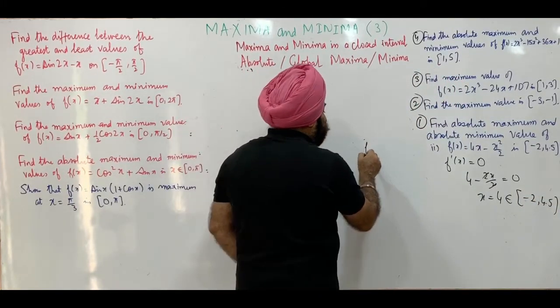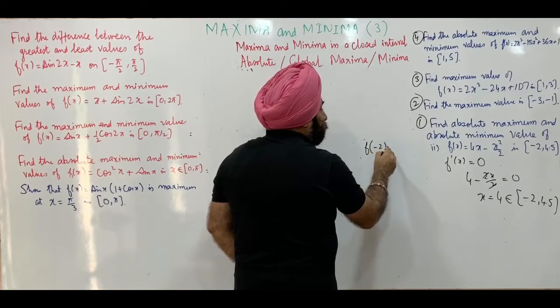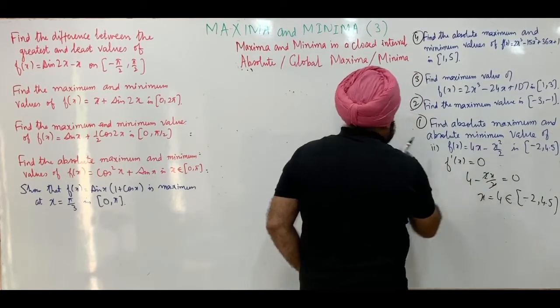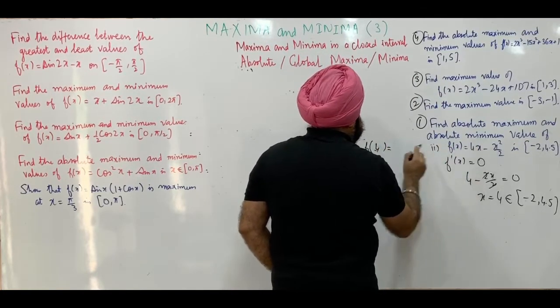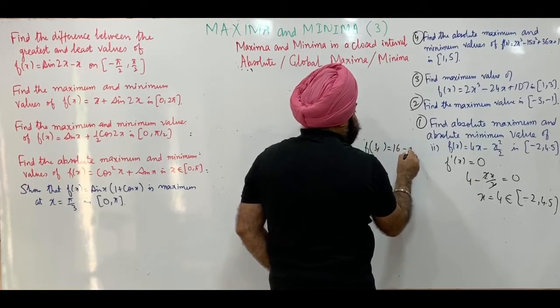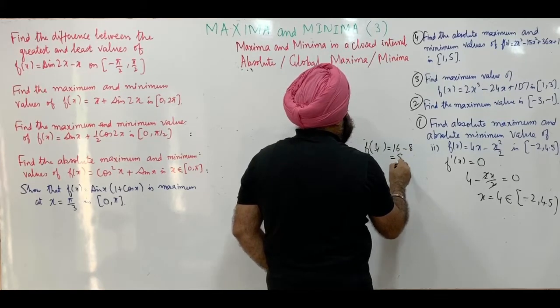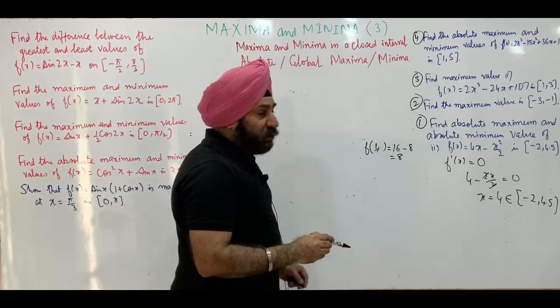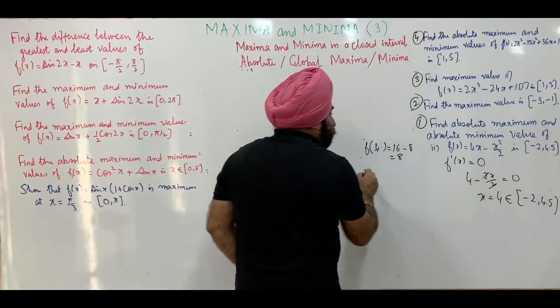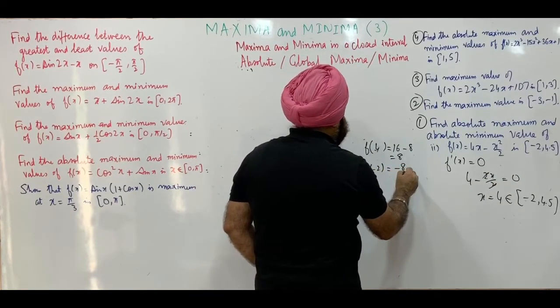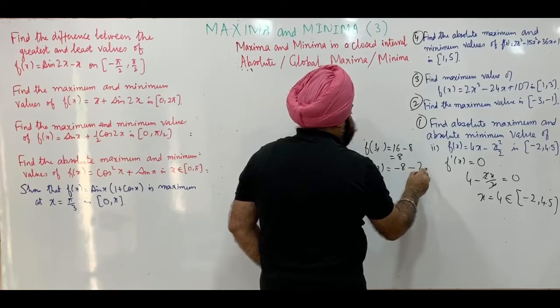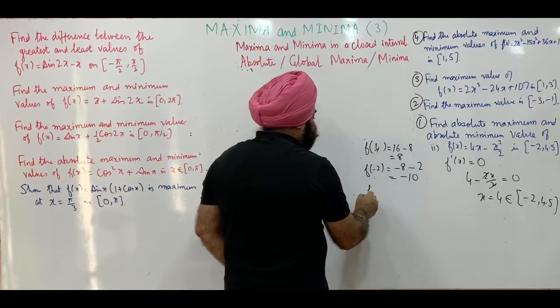Now we find out the value of the function at the first critical point, that is at 4. That is 4 into 4, 16, minus 4 square 16 by 2, that's 8. This is 8. Then the value of the function at the starting point of the interval, that's 4 into minus 2, minus 8, and minus 4 upon 2, this is minus 10.